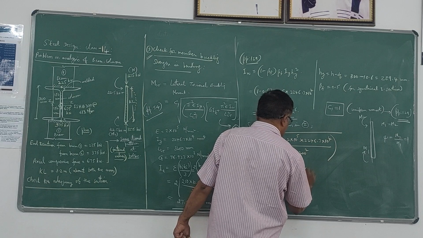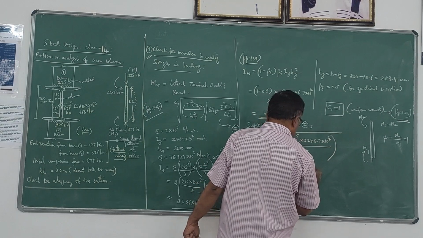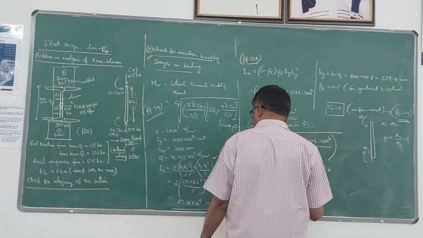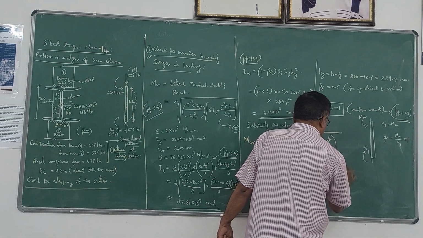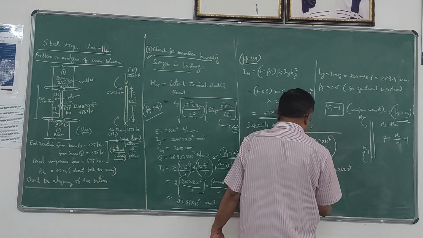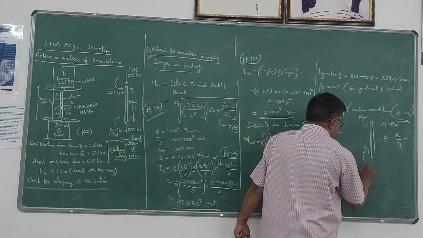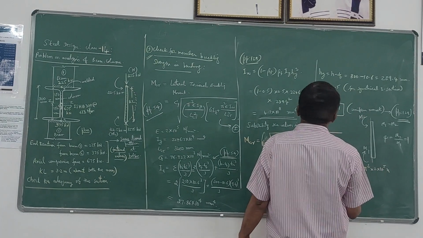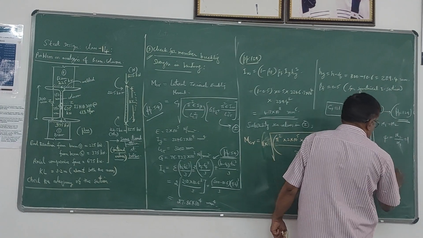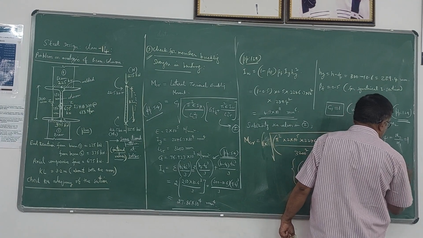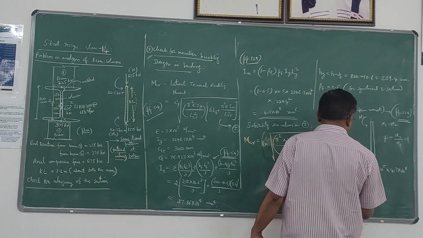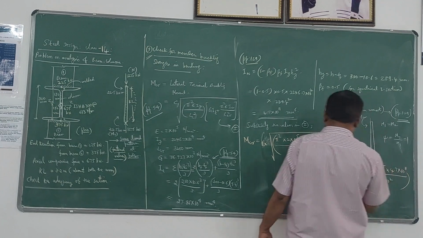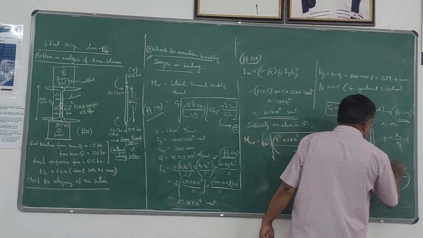G is 76.923 into 10 power 3, into the IT value, 27.86 into 10 power 4. So this is one term, plus pi square into E, which is 2 into 10 power 5, into IW, where IW is 4.7 into 10 power 11, divided by 3200 square. Please note that this entire thing is under root.